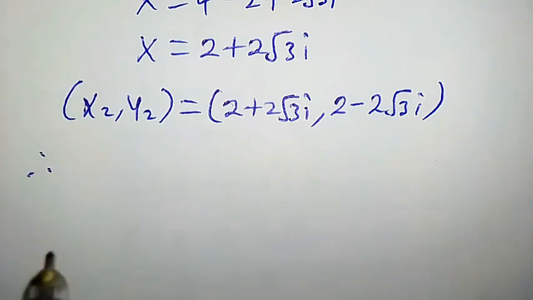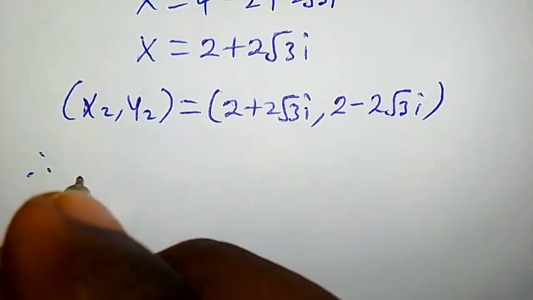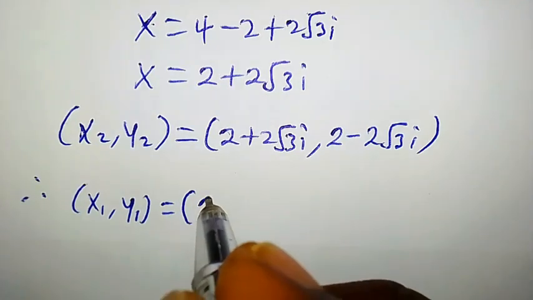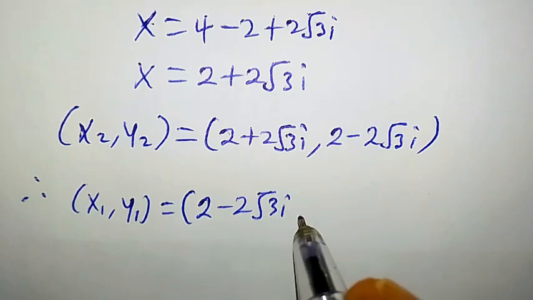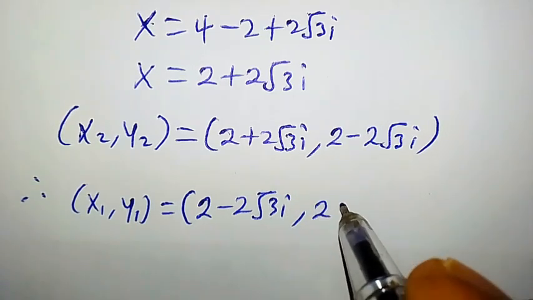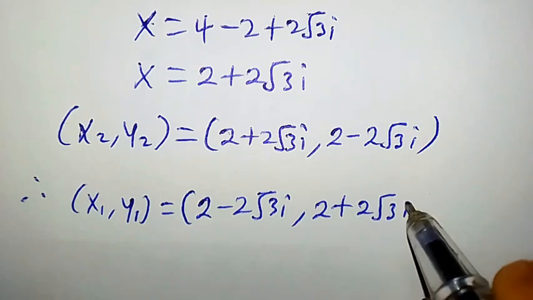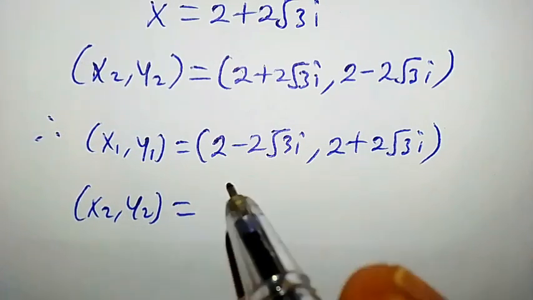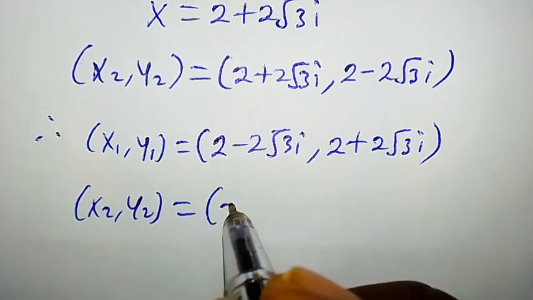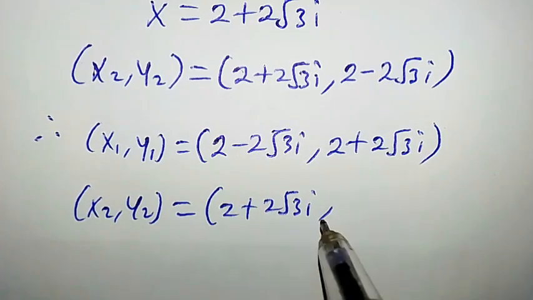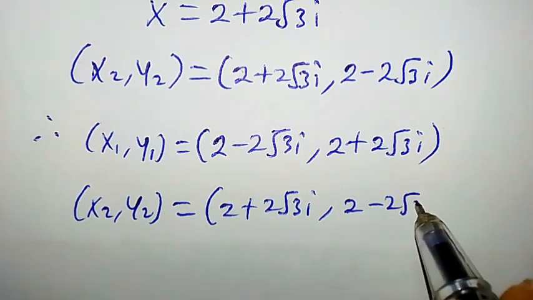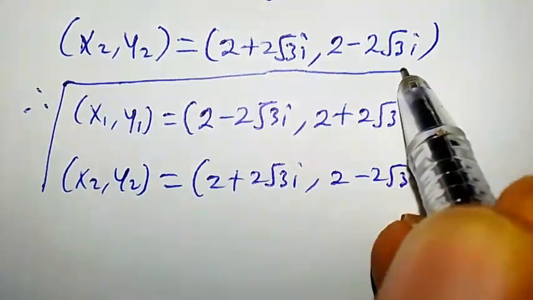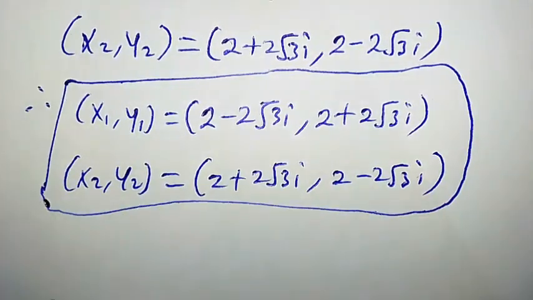Therefore, all the solutions that we obtain: the first solution, x1 comma y1, is 2 minus 2 root 3i, comma y1 is 2 plus 2 root 3i, and x2 comma y2 is 2 plus 2 root 3i, comma 2 minus 2 root 3i. This is the required solution for these systems of two equations.